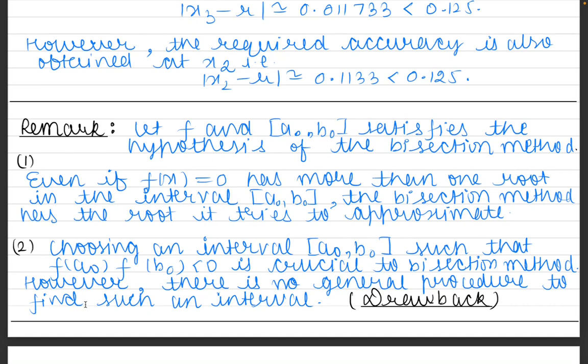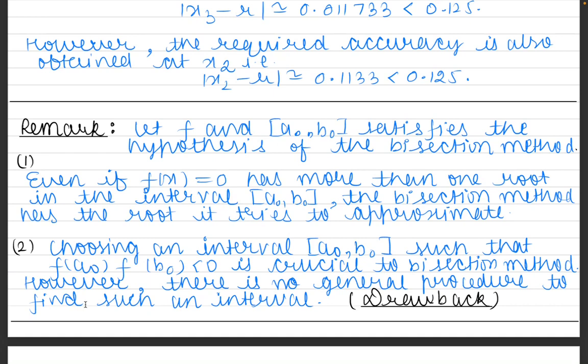So it basically means even if there are more than one roots. It so can happen that for a given continuous function f on the interval a naught comma b naught, you have more than one root, right? For example, you choose sin x and interval to be, let's take minus 2 pi to 2 pi.